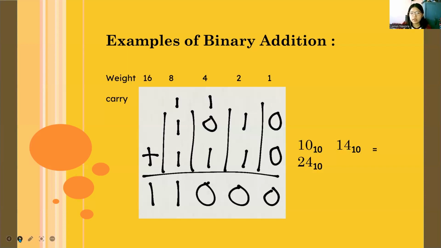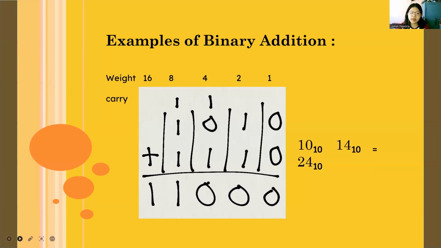Now, in the last column, we have two ones with 1 as a carry from the previous column. As we have seen, this 1 plus 1 plus 1 is equal to 1, with 1 as a carry to the next column. Since there is no more column, we can directly write it as 1, 1.